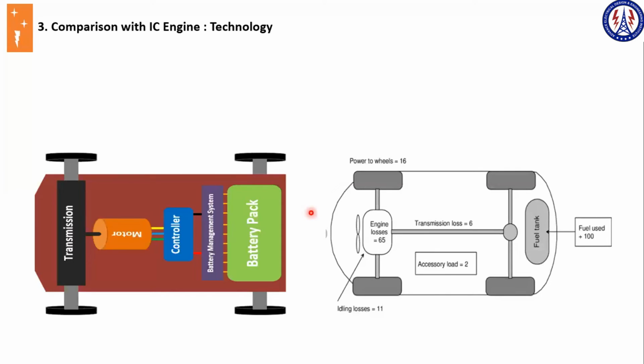And the second part is losses. We still have losses in EV, but it depends on motor fabrication itself. But in comparison with traditional cars, I think there are more losses due to frictions or the hydraulic system which we have.